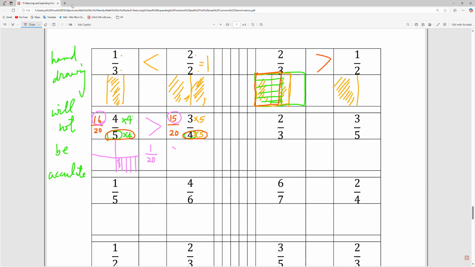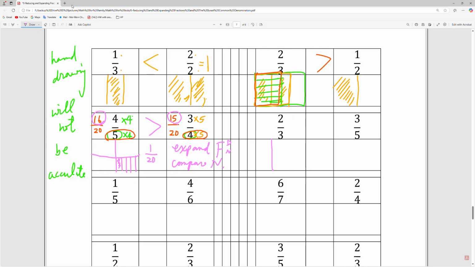So what I did is I expanded the fraction and compared the numerators. I expanded the fraction, the denominator and the numerator, and I compare the numerators. Now these two, let me see if I can draw, to understand, then I will draw the picture.